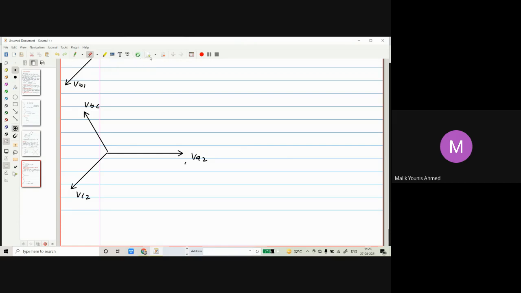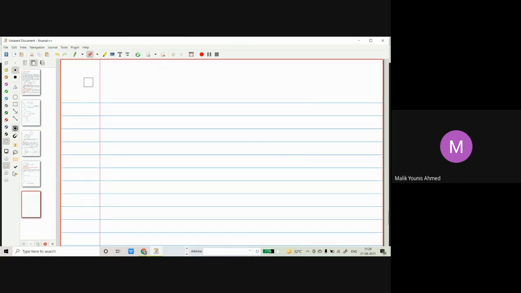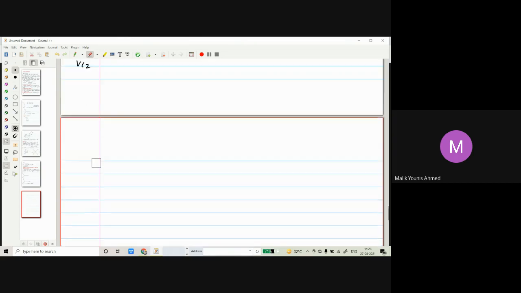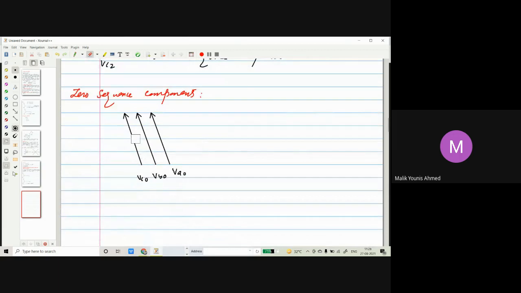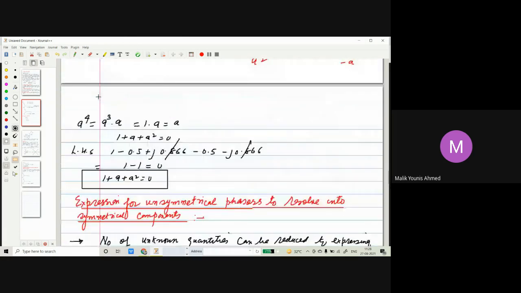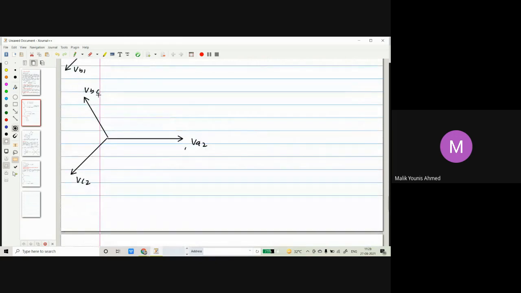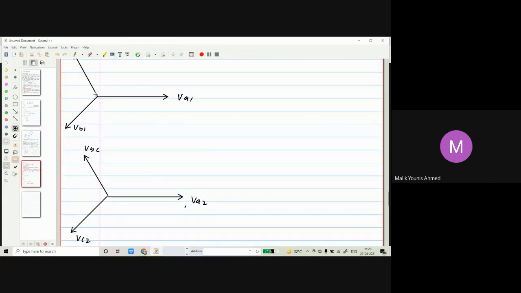Now the third is the zero sequence. Let me copy this, or I can write it here. Let me copy this side by side to this.